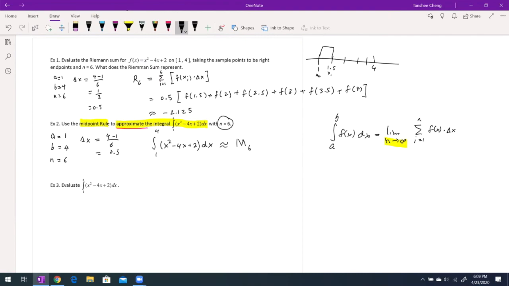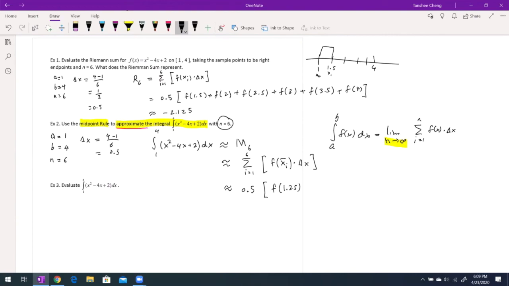So this approximation is basically the summation from i equals 1 to 6 of f of x i bar, that's the average for the midpoint, times delta x. You plug it in: 0.5 times the function at all the midpoints. So the midpoint of 1 and 1.5 will be 1.25.